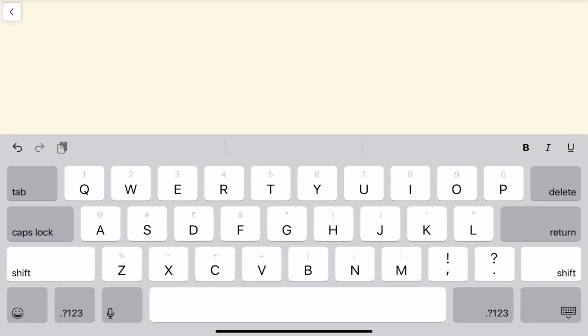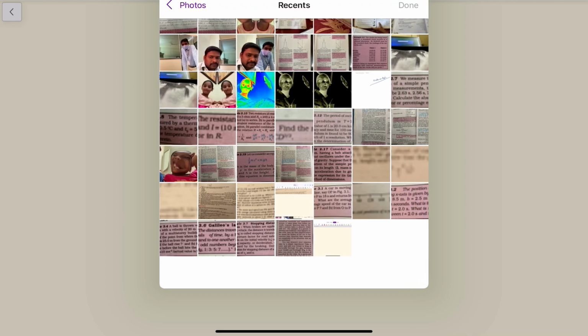Let us see another simple problem in the textbook. Galileo's law of odd numbers.